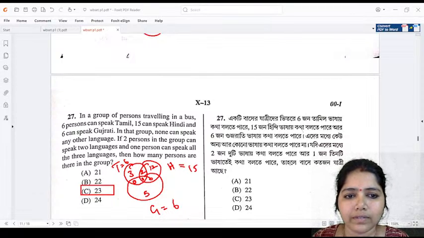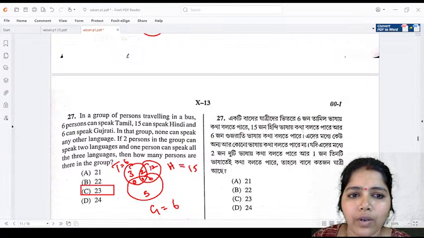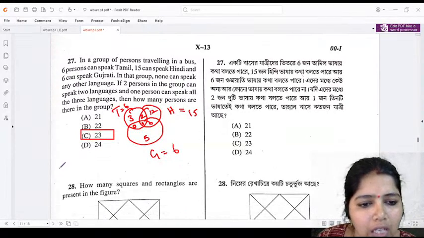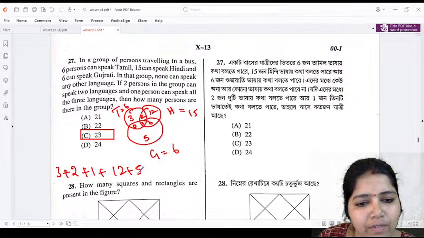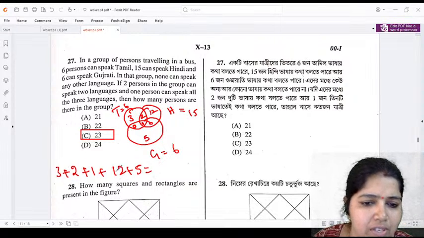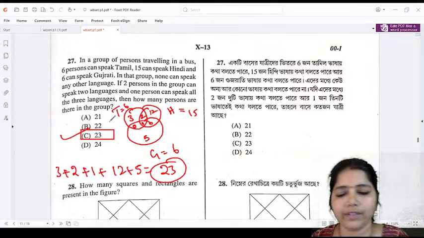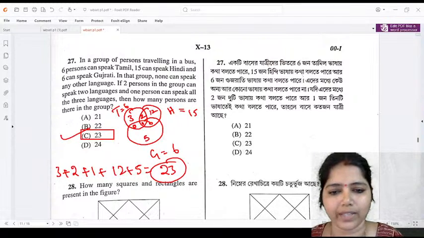So what will be the answer? We have to do 3 plus 2 plus 1 plus 12 plus 5, which is equal to 23. The right answer is 23. Yes, learners, right answer is 23.